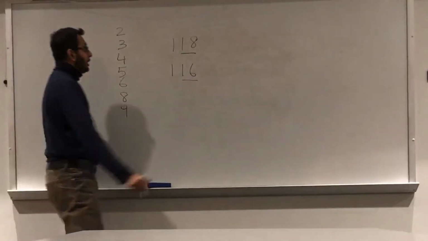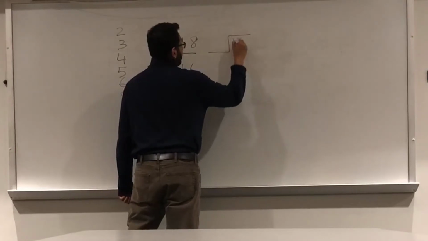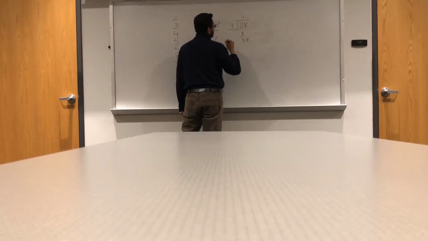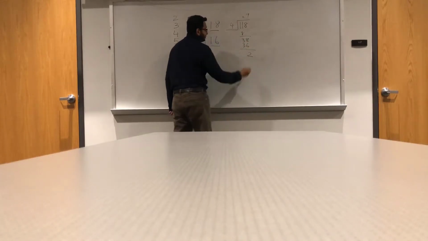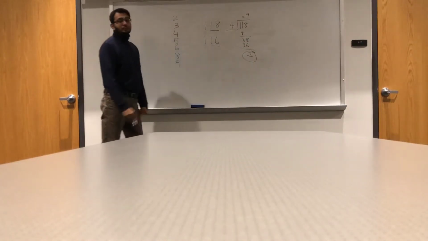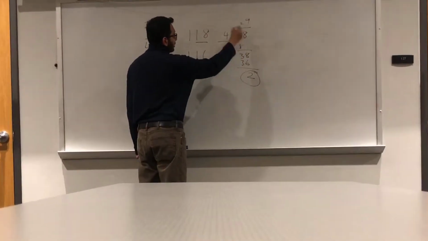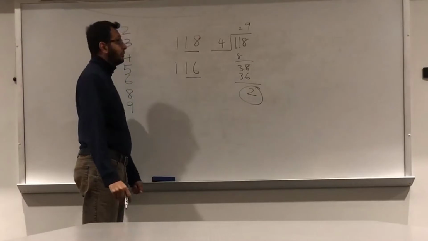Let's do a little check here. So 118 divided by 4. As you can see, there was a remainder of 2. And the remainder of 2 is because this didn't go completely in 118.